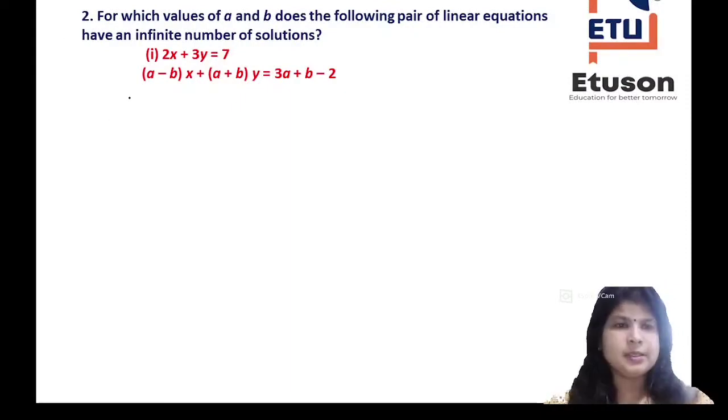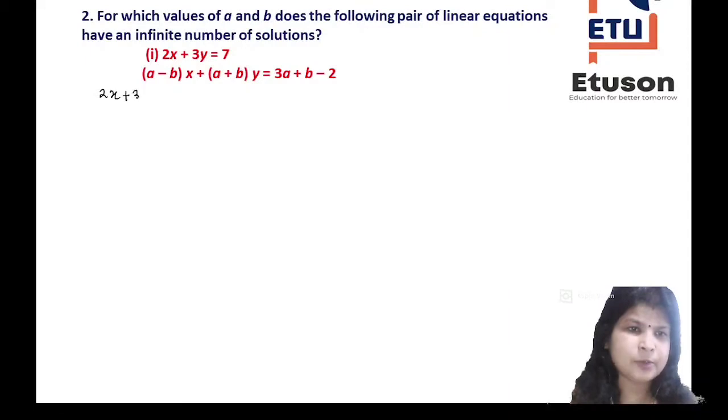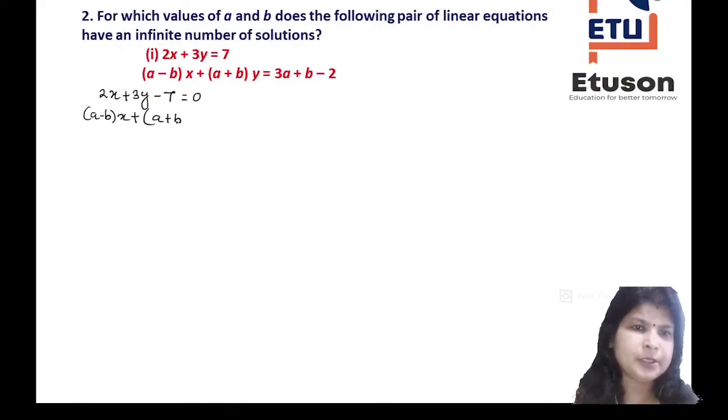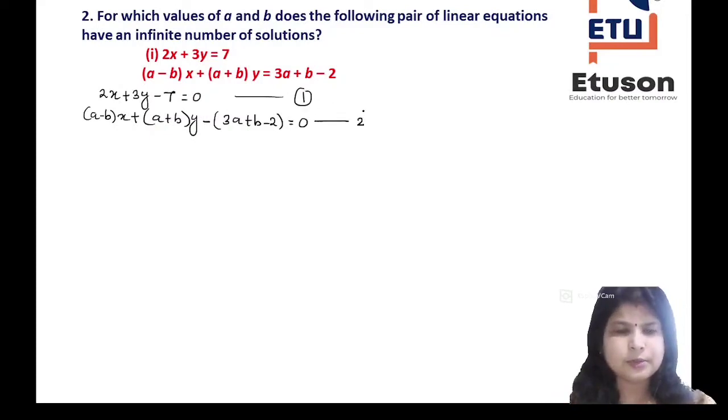So let us write down the given pair of equations in standard form. 2x plus 3y minus 7 is equal to 0. Then (a minus b) into x plus (a plus b) into y minus (3a plus b minus 2) is equal to 0. So this is your equation 1 and this is your equation 2.